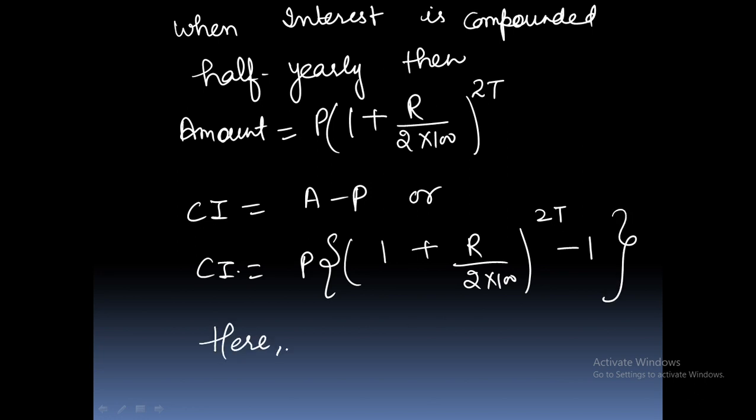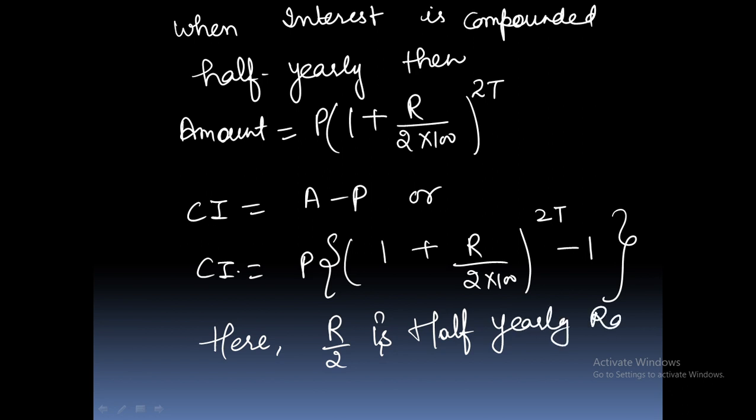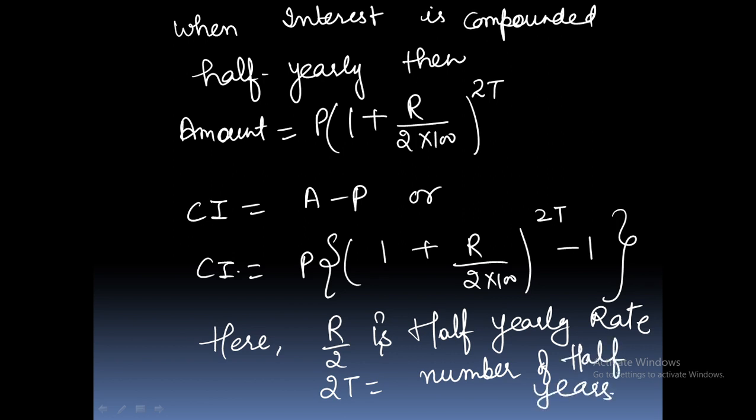Here r by 2 is the half yearly rate, and 2t means the number of half years. This formula is used when interest is compounded half yearly.